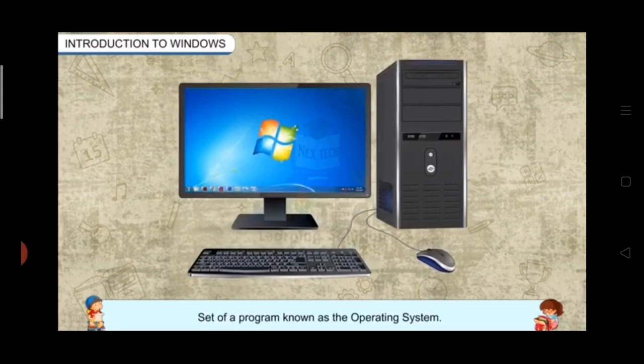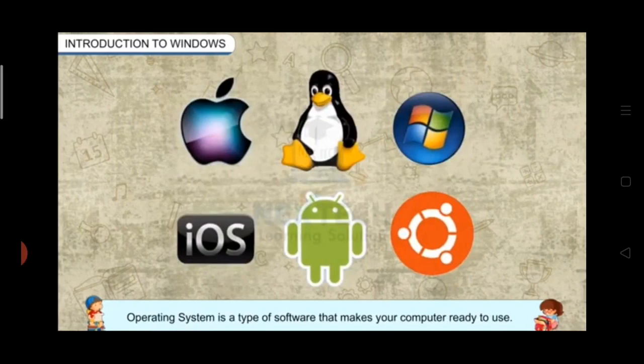So operating system is what? Operating system is a set of programs which manages all the work related to the computer and makes the computer run. Understood? Next, operating system is a type of software that makes your computer ready to use.